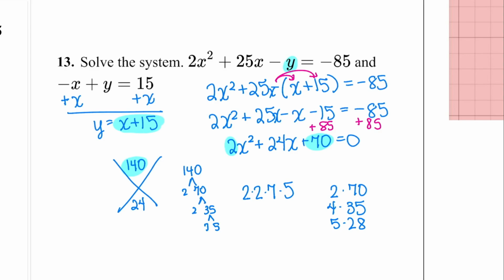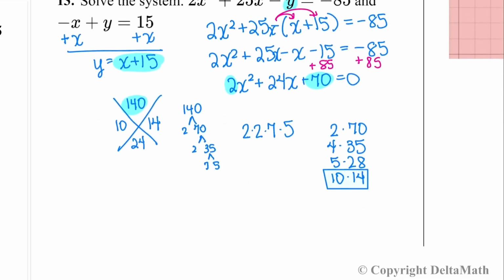Now, we also have, let's see here, right here. So 5 times 2 is 10, 7 times 2 is 14. And that's going to be the right combination of numbers to get us 24.